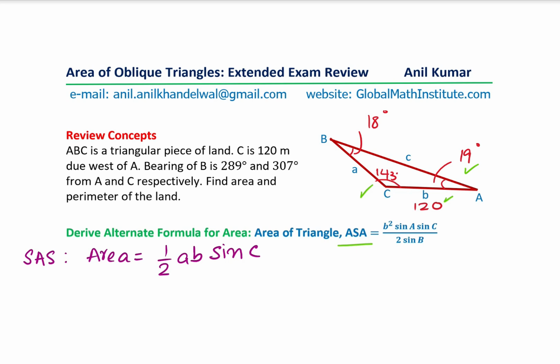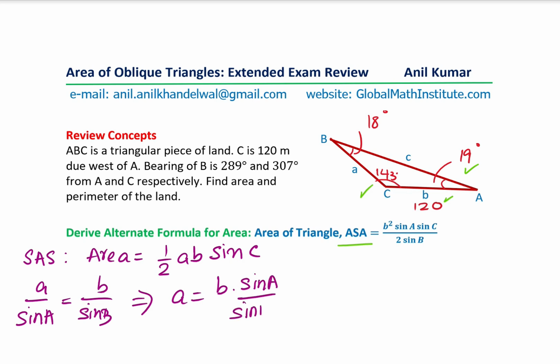Now, in our case, what is given to us is angle B and A. So what we could do is use the sine law to replace A with an equivalent in B. So we could always say that A over sine A is equal to B over sine B. And from here, we can write down that A is equal to B times sine A over sine B. Is that clear to you?